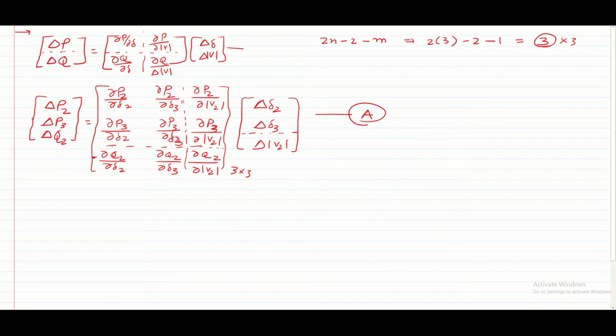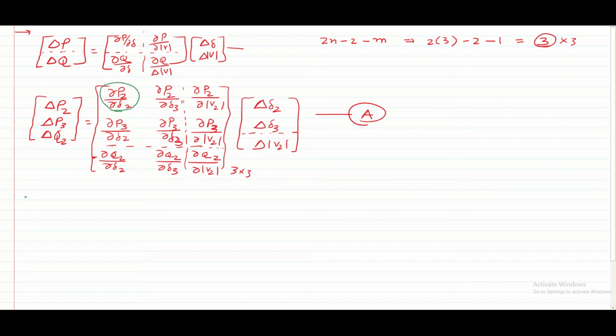As we have already calculated the change in active power at bus number 2, change in active power at bus number 3, and the difference in reactive power at bus number 2. So now let us calculate each and every parameter of the Jacobian matrix, starting from the first parameter.